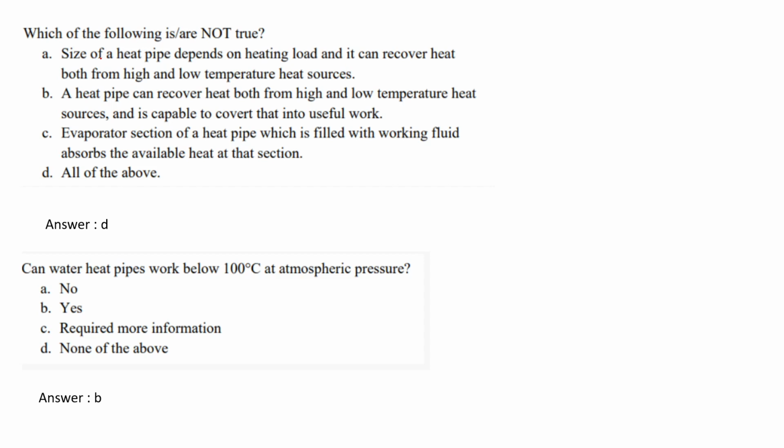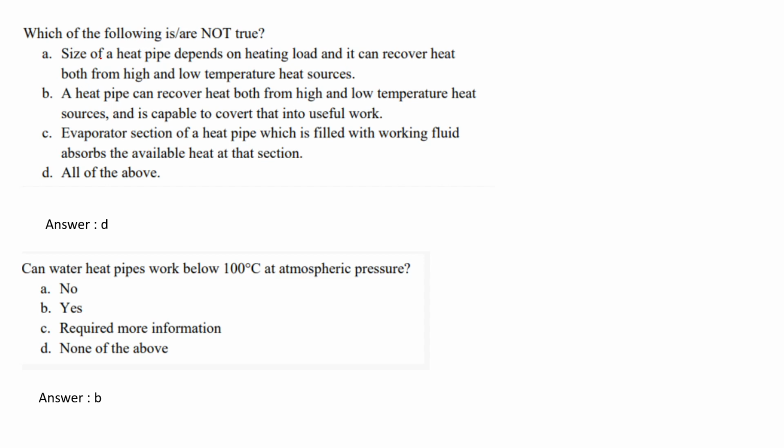At atmospheric pressure, 100 is the boiling temperature. So water can work below the boiling temperature also, right? It should not go to vapor. If vapor forms, then the vapor should go to condensation, then the condensate comes back to the evaporator section.